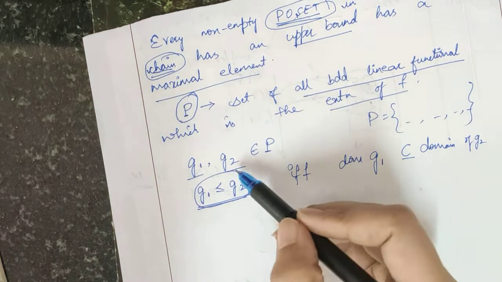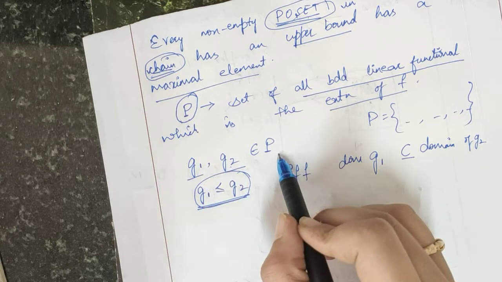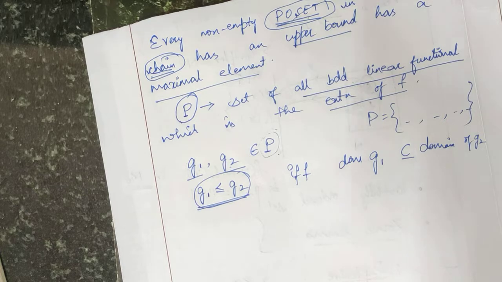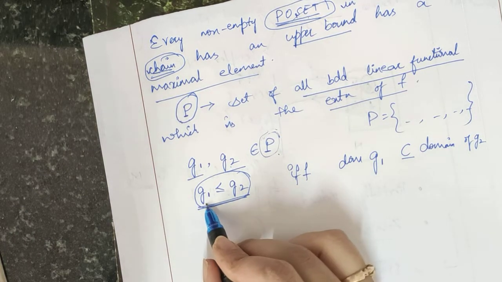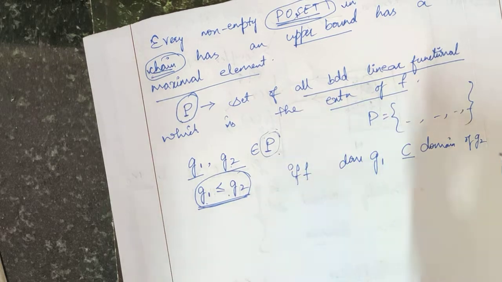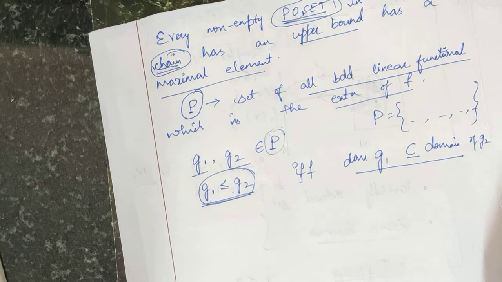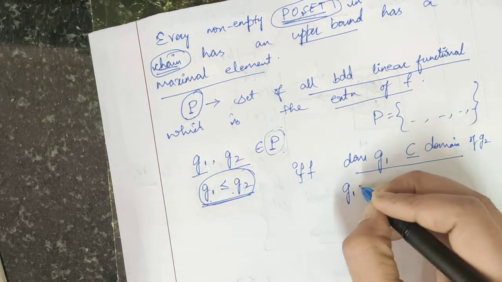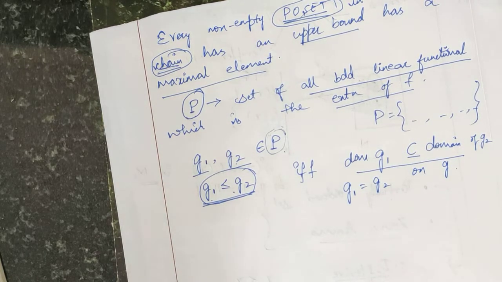Right, I repeat. We are considering two points from the set P. In order to say P is a poset, I have to prove that G1 is less than or equal to G2 if and only if the domain of G1 is contained in the domain of G2, and G1 is equal to G2 on the domain of G. Right?